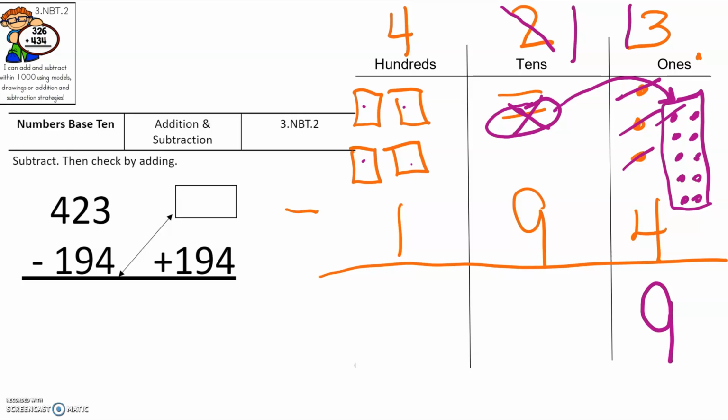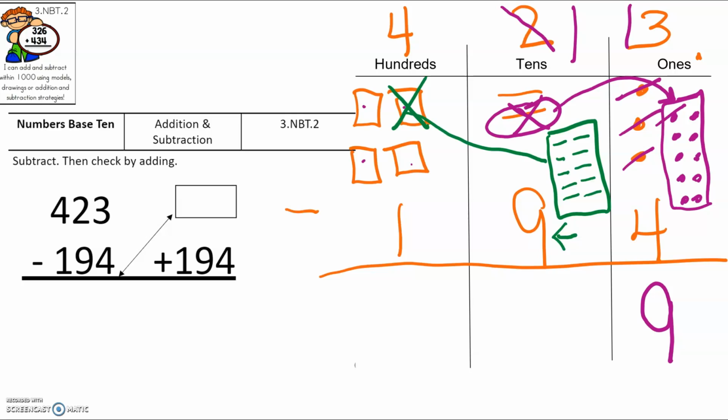Moving on over to my tens. I need to take away 9 tens, but I only have 1 ten. I don't have enough, so I go over to the hundreds place and I see I can take 100. I'm going to move it over here and let's count by tens till we get to 100. 10, 20, 30, 40, 50, 60, 70, 80, 90, 100. 100 right here is the same as 10 tens.